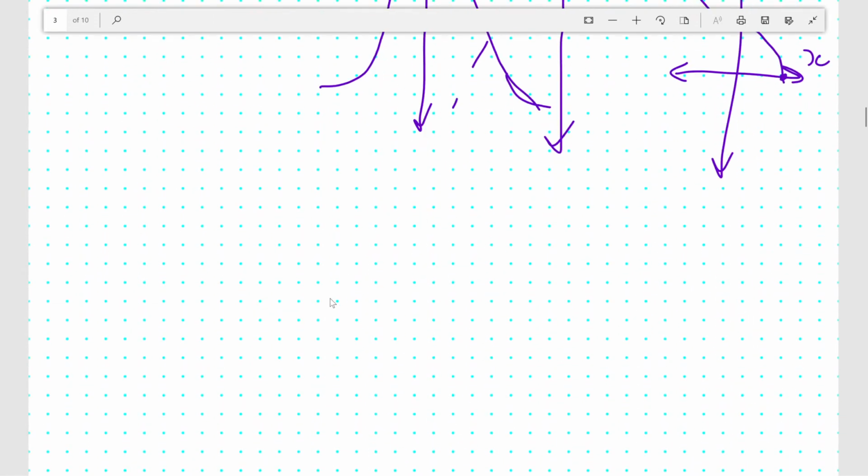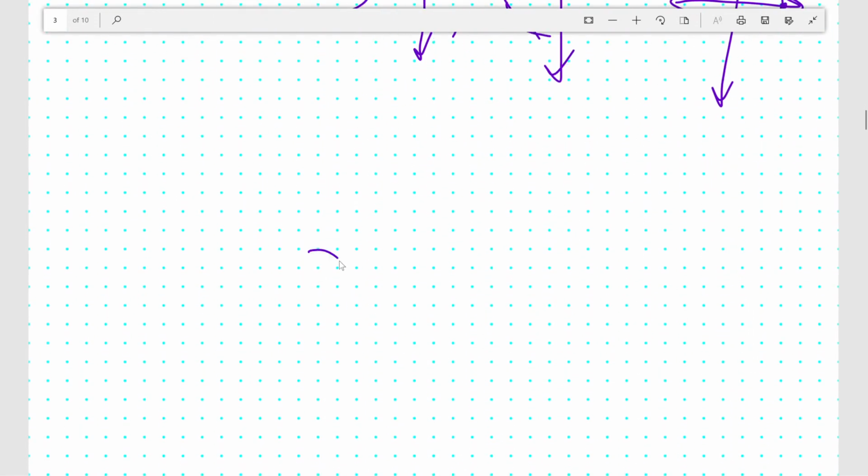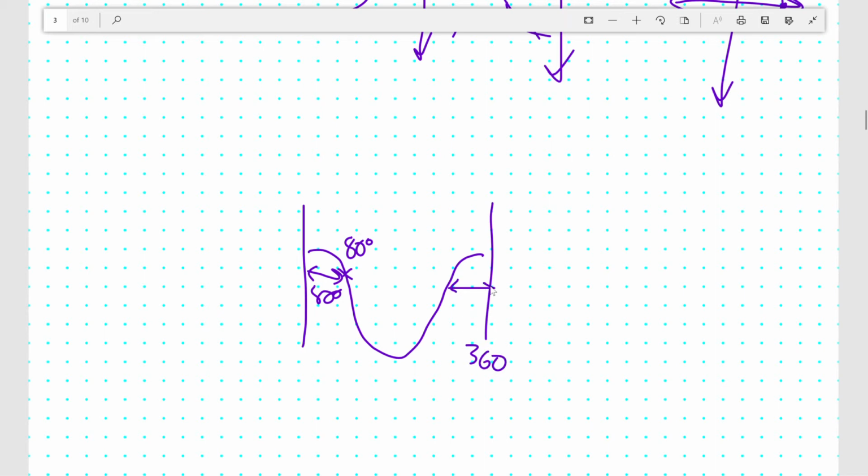And basically, for cosine, you can use the same kind of intuition that it repeats every 360 degrees. So say it gave you 80 degrees here, and you know the gap between here and here is 80, and you know this line is 360, and so the gap between here and here is also going to be 80, and so this angle here is going to be 360 degrees minus 80 degrees, which is 280 degrees.